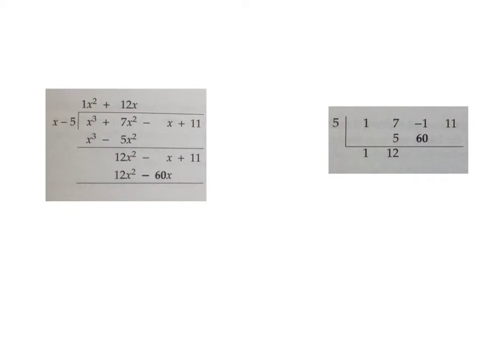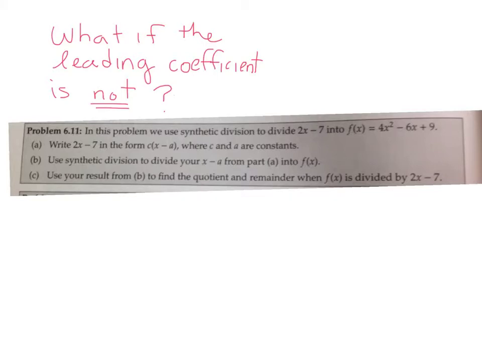So just to look at this again, just showing how these are the exact same thing. All right, what if the leading coefficient was not 1? Well, quite frankly, we can just make it become 1. So we could think of dividing by 2x minus 7.